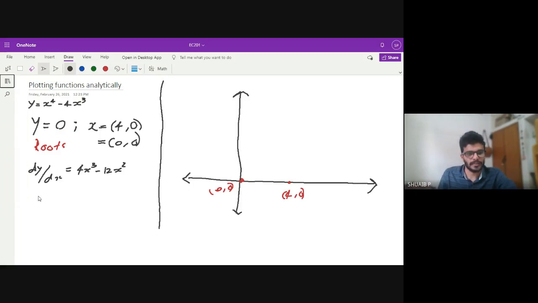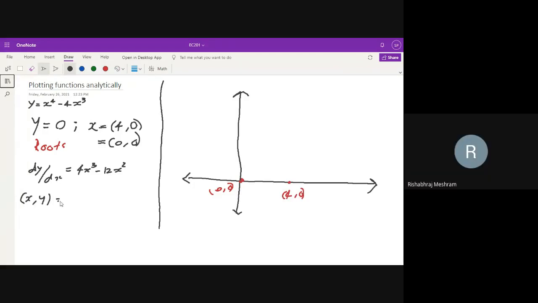People can do this on their own and update me after you finish. The second derivative is 12x squared minus 24x, if you differentiate that equation.